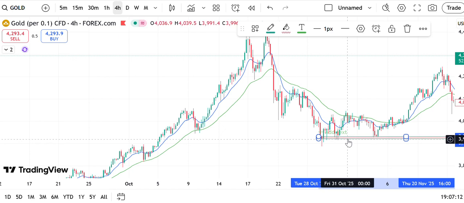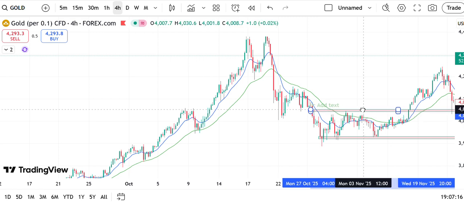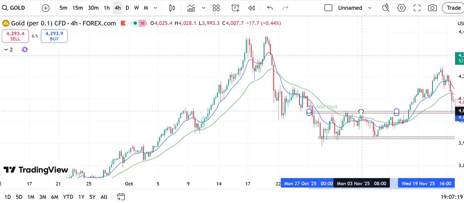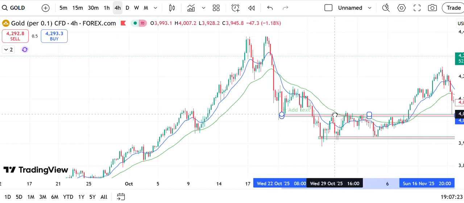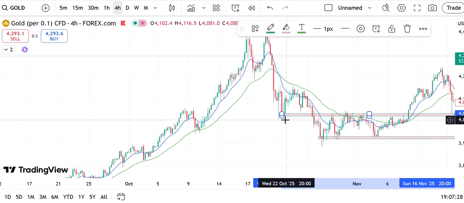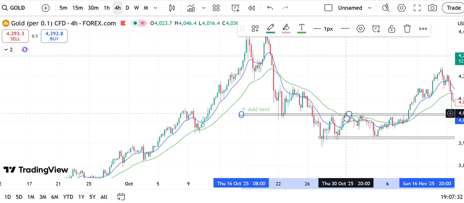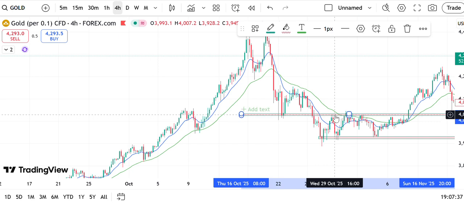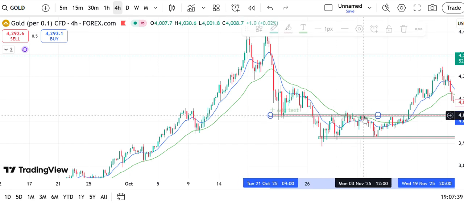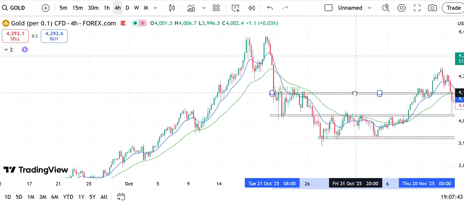When I map this one here, I clone and look for another obvious level of support and resistance, and I map it out. This is another support and resistance zone that I'm trying to draw. I'm going to clone again and look for another one.